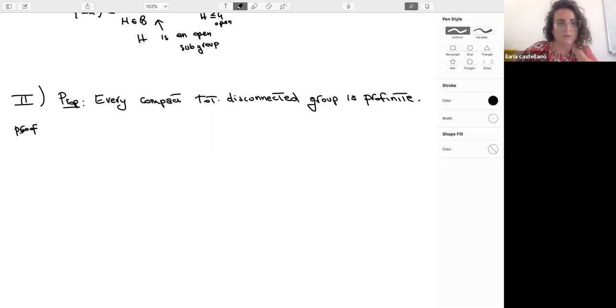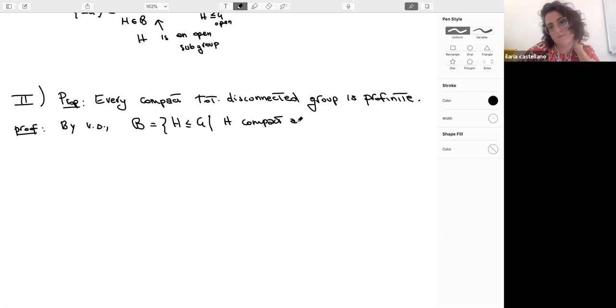So proof, this is easy as well. Okay, we use again Van Dantzig's theorem, but they are all consequences of this theorem, so clearly we're going to use it. And then we consider B to be the set of all subgroups H of G, such that H is compact and open. And we know that this is a basis at the identity.